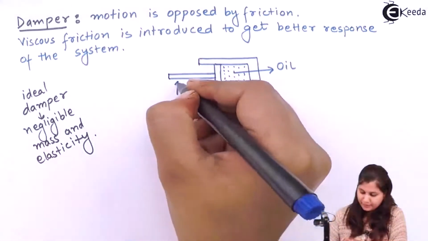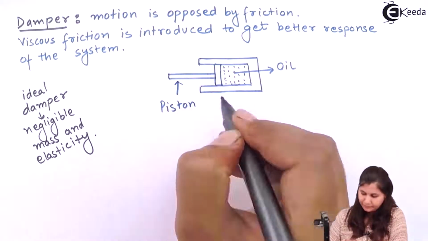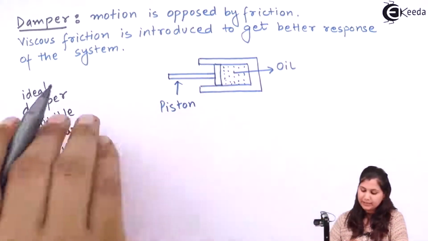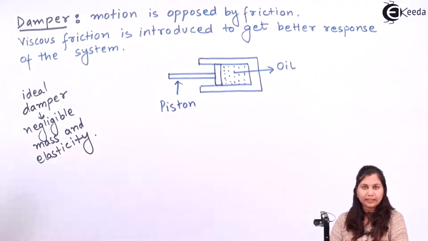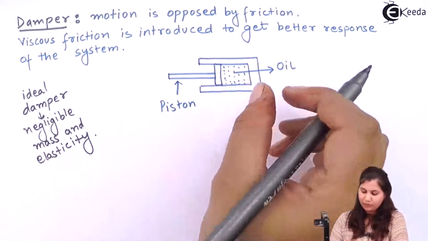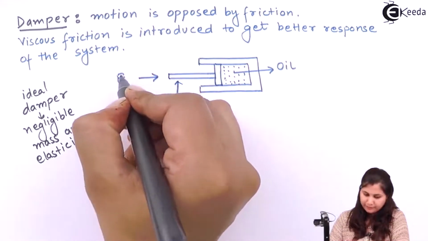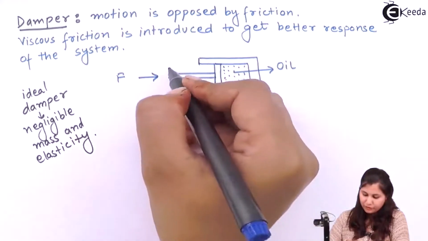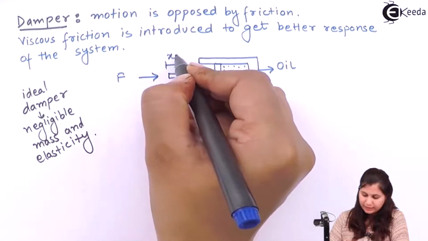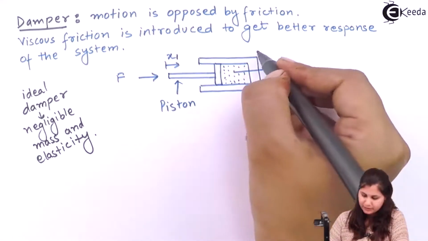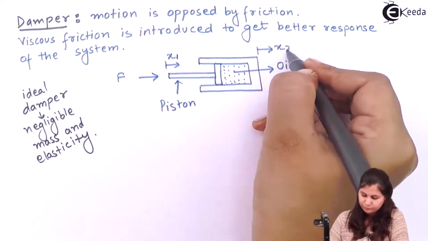This is the piston, and this piston is moving inwards and pressing this liquid oil. So we are applying force here. The piston is moved inwards, so this is x1, the displacement of the piston, and here we have x2.